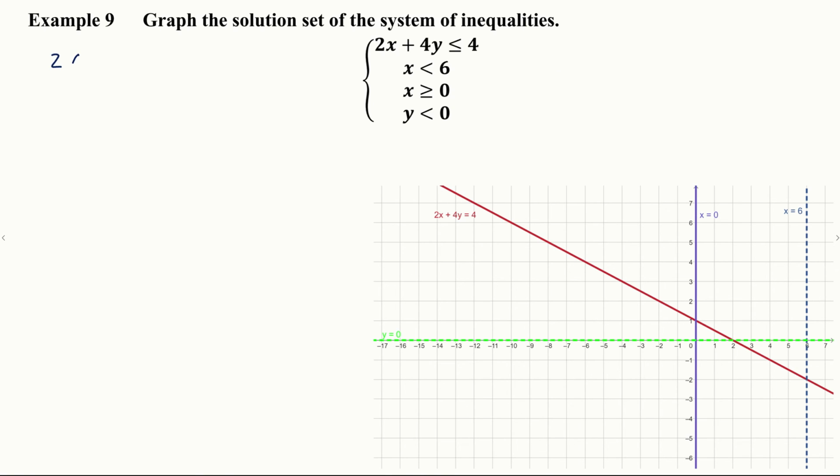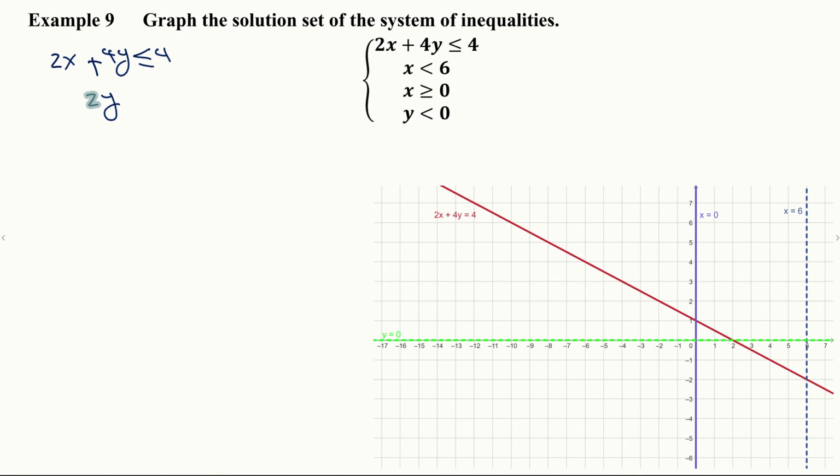So we have 2x plus 4y is less than or equal to 4. Make sure you keep the inequality sign until you've gone to slope-intercept form, because we need to know whether there's going to be a change in direction and all that. So make sure you don't just turn it into an equality right away, okay?